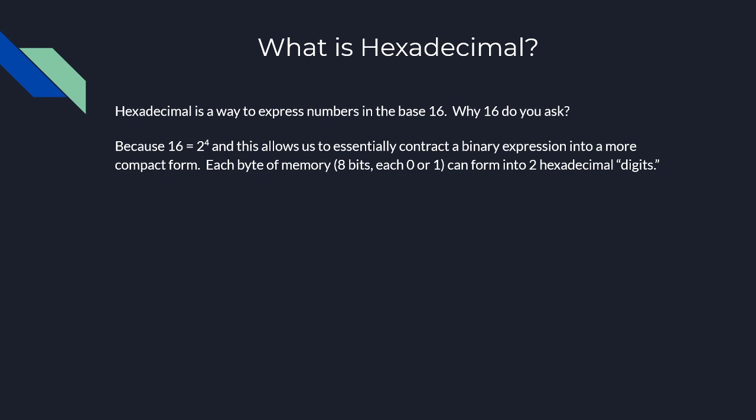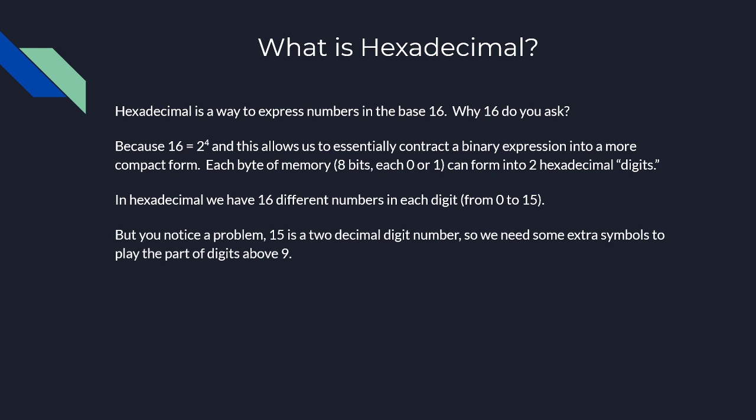It's mainly because 16 is 2 to the 4th, right? And so the point about that is that every 4 binary bits is 1 hexadecimal digit. And so in hexadecimal, we have 16 different numbers, each from 0 to 15.